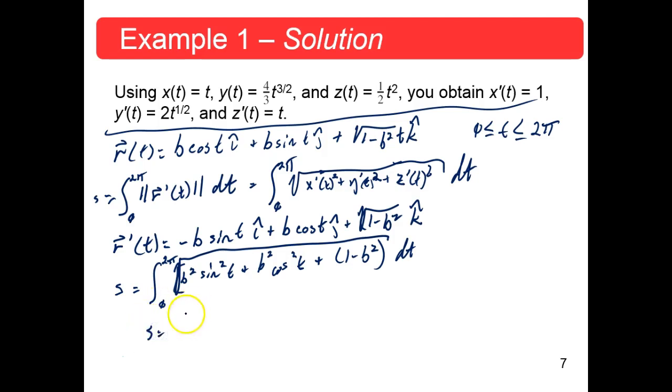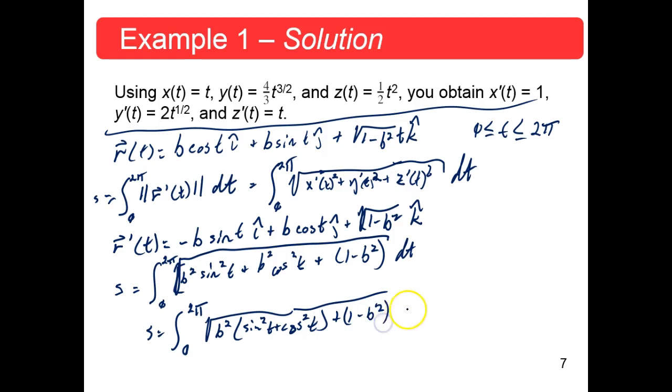S is equal to the integral from 0 to 2 pi of the square root of, factor out b squared, sine squared t plus cosine squared t, plus 1 minus b squared, all dt.